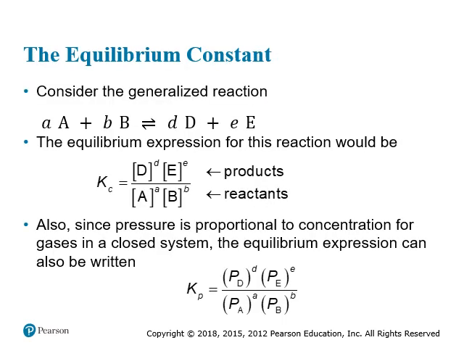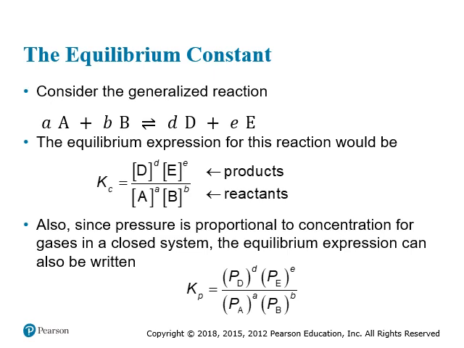The equilibrium constant can be expressed by looking at the following reaction. If we have A moles of A reacting with B moles of B, giving us D moles of D and E moles of E, then in general, the equilibrium expression for this particular reaction, once again, involves products raised to their stoichiometric coefficients divided by reactants.